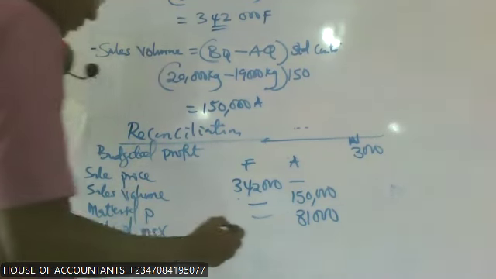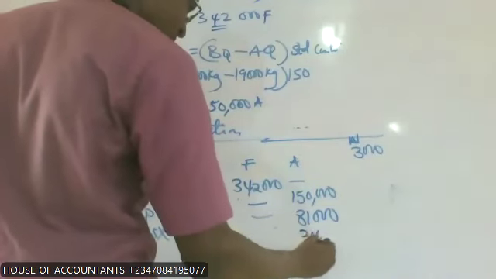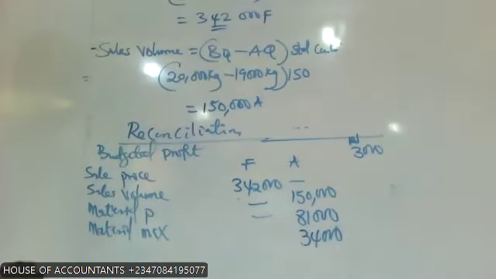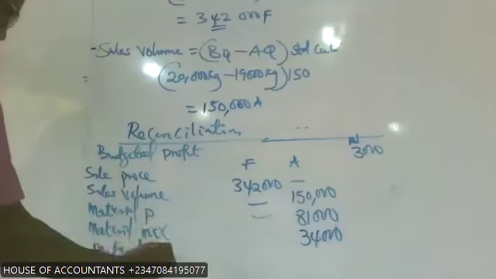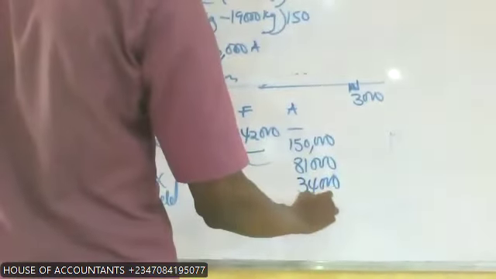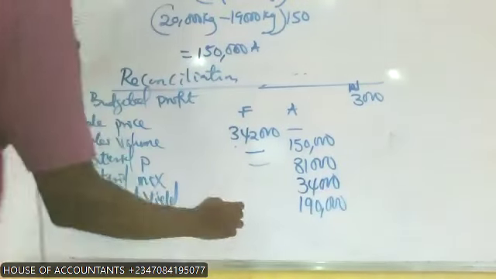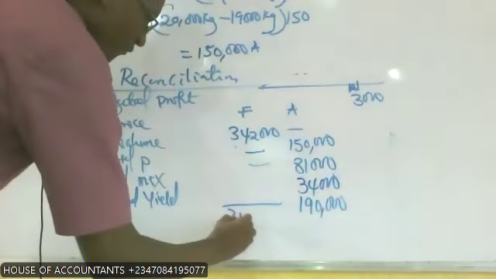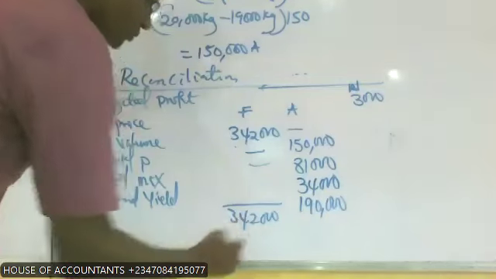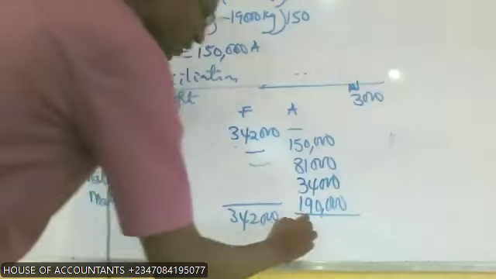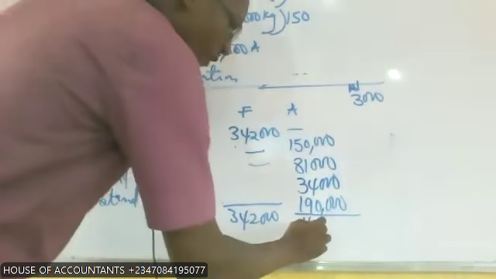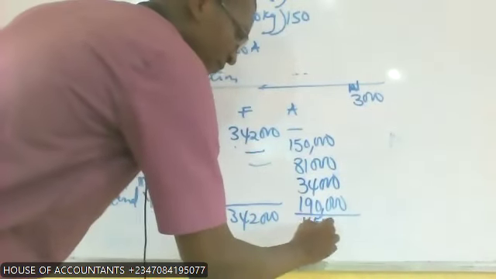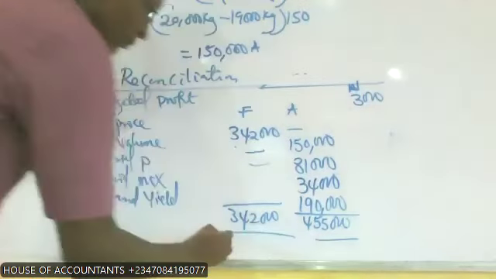So what is mix now? 34,000 adverse. After mix, I think that's all. No, yield. Yield is what? 190 adverse. That's all. So this gives us a total of 342,000. This gives us 4,500,000.